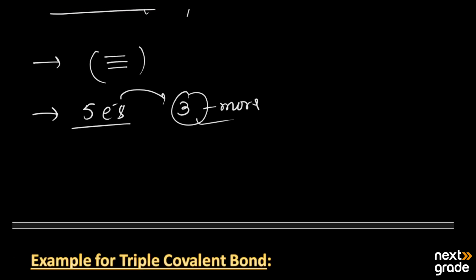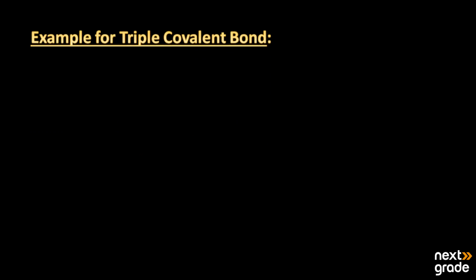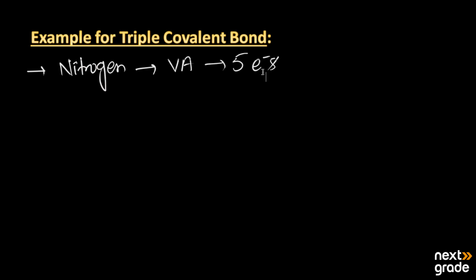Next, we have the example for the triple covalent bond. It is nitrogen. It belongs to group 5A. It has 5 electrons in the valence shell. For its electronic diagram, we have nitrogen with its first shell and its second shell. The atomic number of nitrogen is 7, so its first shell has 2 electrons and its valence shell has a total of 5 electrons.